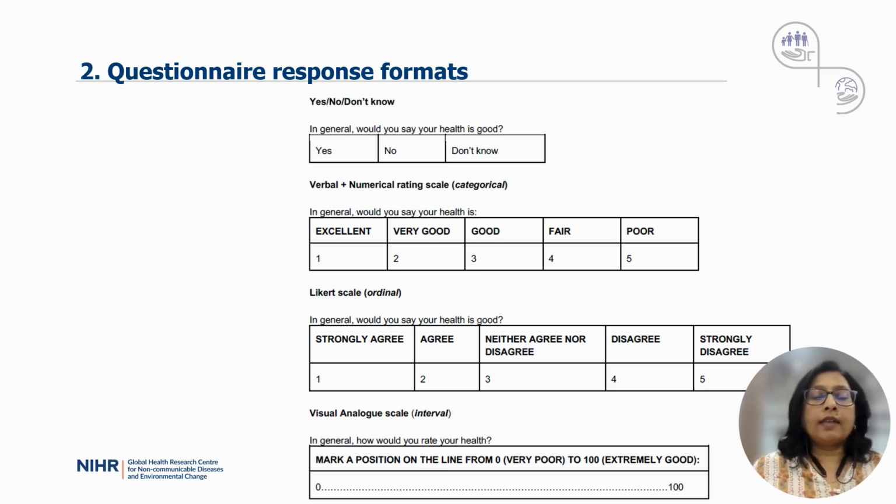Or it could be a VAS, a visual analog scale, where you give a continuous choice from 0 to 100, and people can choose based on the description. This is more important when you're capturing experiences or perceptions. It's very important to be consistent, but also very clear in the way you develop your responses.